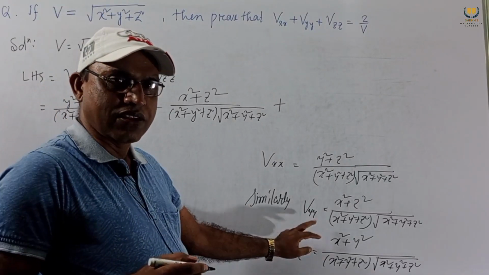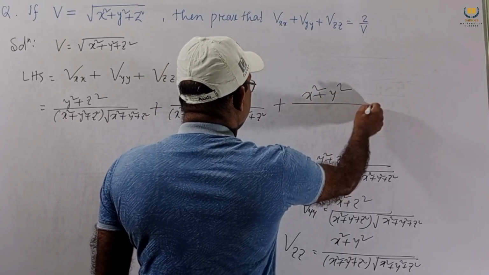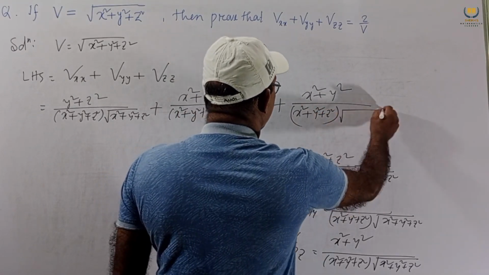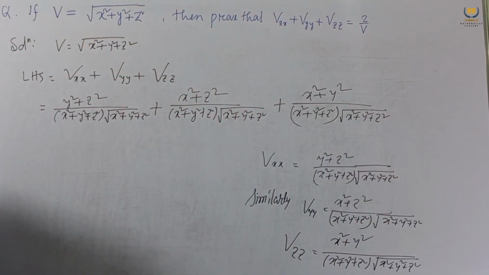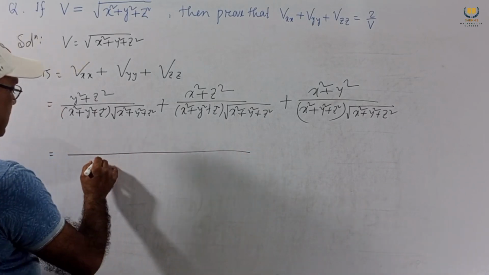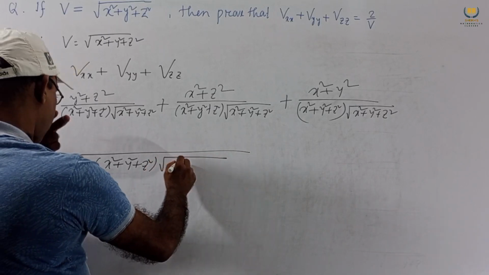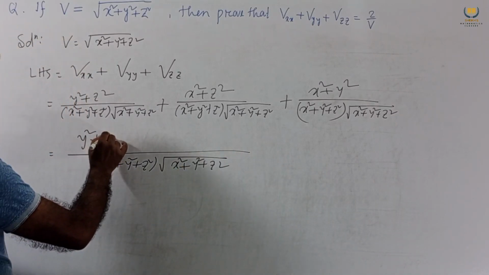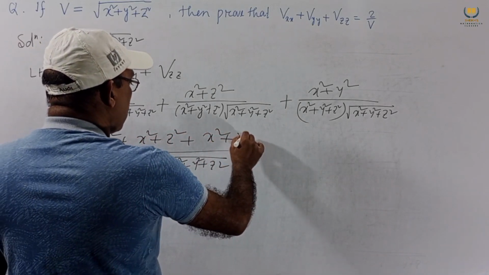Vzz is this one. So this will be x square plus y square by x square plus y square plus z square into root over x square plus y square plus z square. We get this one. Now our LCM is the same, so taking the LCM, the LCM is x square plus y square plus z square root over x square plus y square plus z square, and here we get y square plus z square, x square plus z square, x square plus y square.